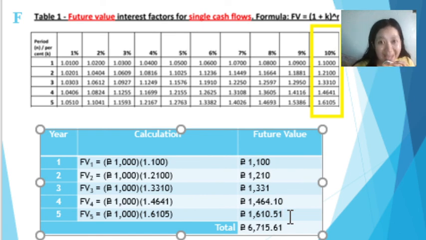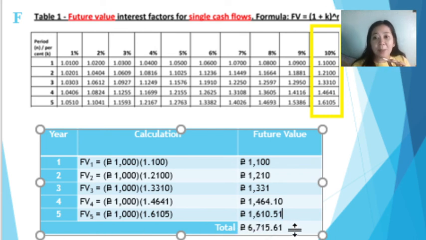But for an annuity investment, all you have to do is add all of these values to get our future value under the ordinary annuity. That gives about 6,700. But if you notice, we have a different value.